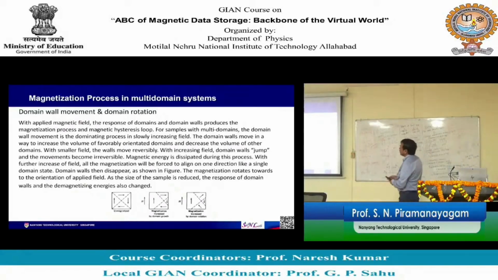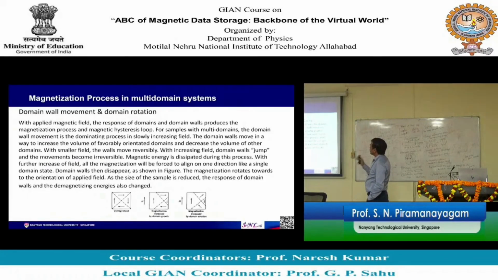For example, here you see we have four domains. One domain's magnetization is pointing towards the right, another pointing down, another pointing left, and another pointing up. If I apply a magnetic field along the up direction, you see that the up domain expands and all the other domains contract in size.